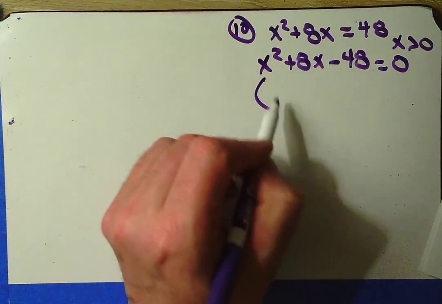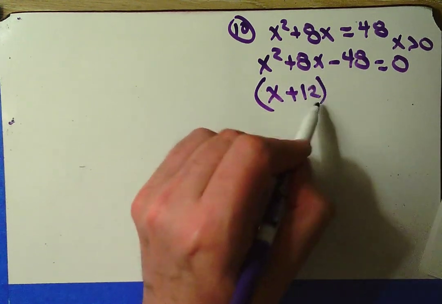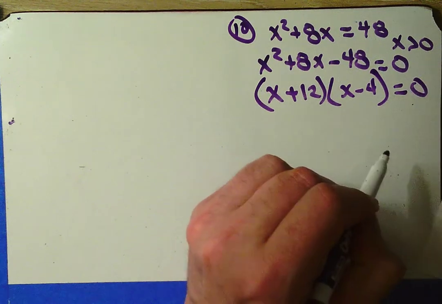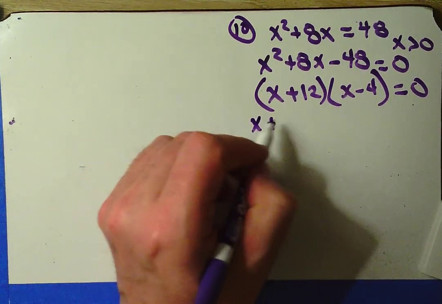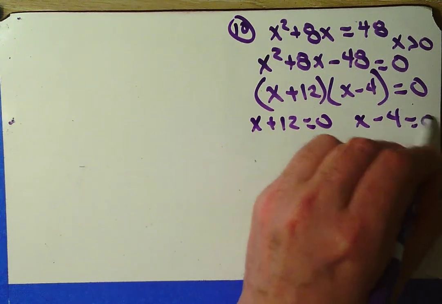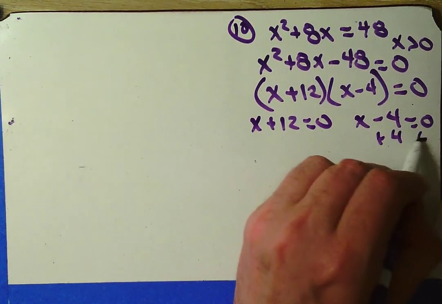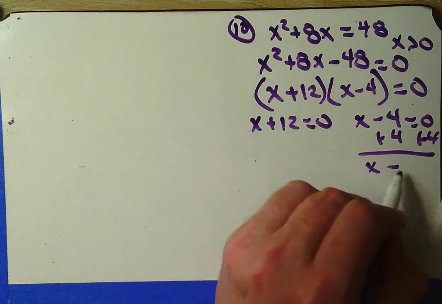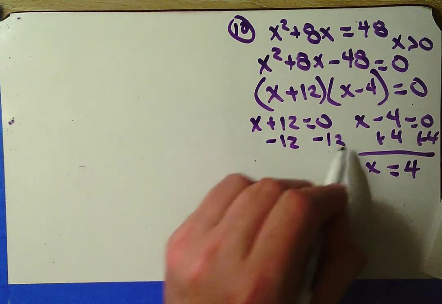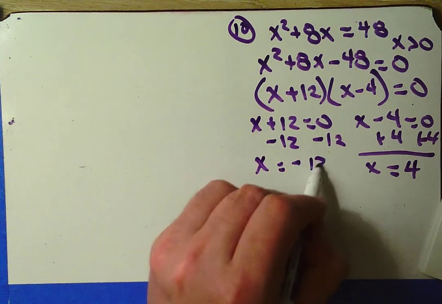And then I'll factor here x plus 12, x minus 4 equals 0. And I'll set each factor equal to 0. Here I'll get x equals 4. Good, that's a positive value. But here I'll get x equals -12.